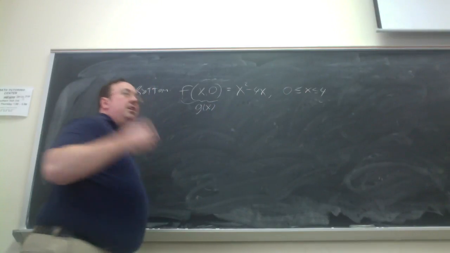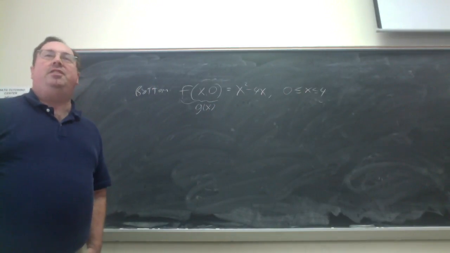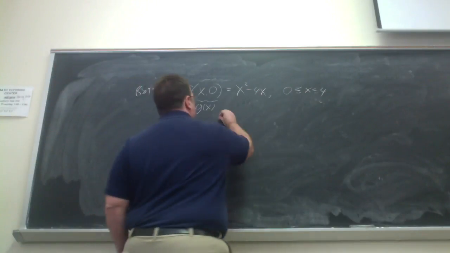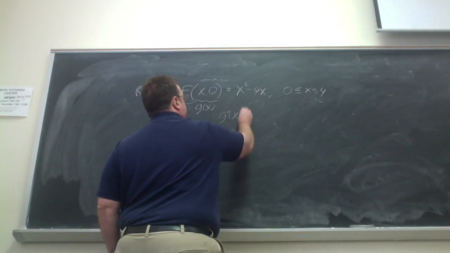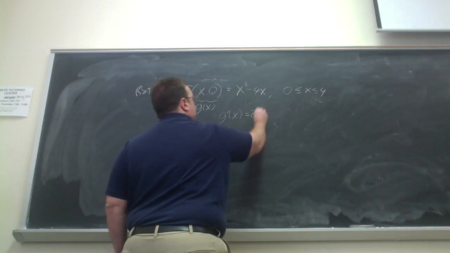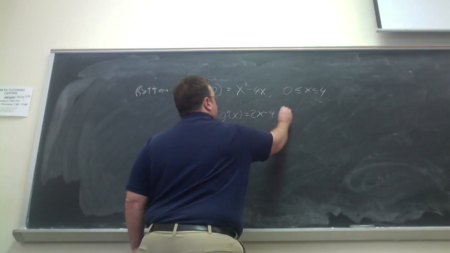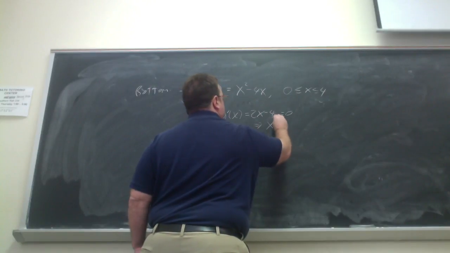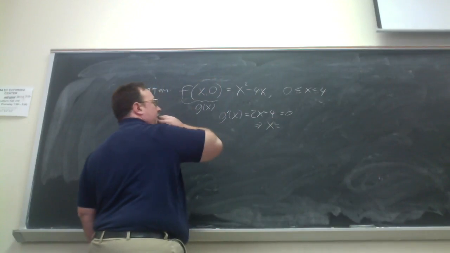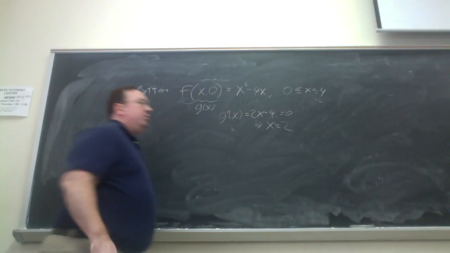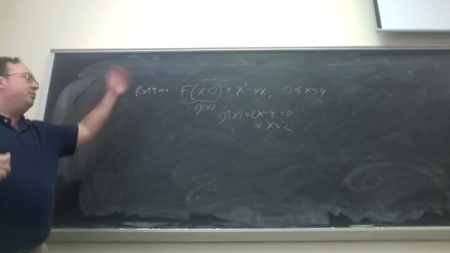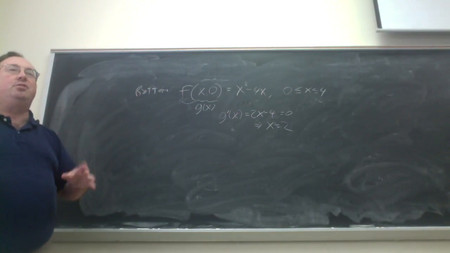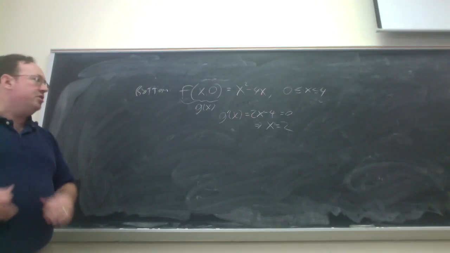So now you can do what you did in Calculus 1. Take a derivative, set it equal to 0. What is g prime of x? 2x minus 4. You set that equal to 0, so we get, for a critical point, x equal to 2. Now, x equal to 2 is not a critical point of the original function f of x, y, but it is a critical point along this edge.